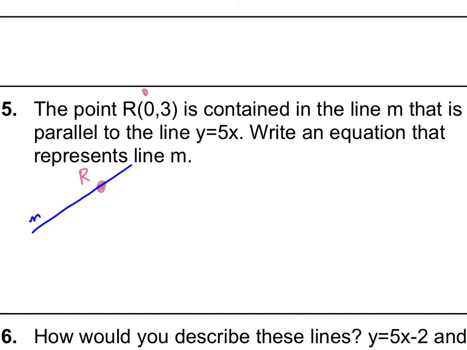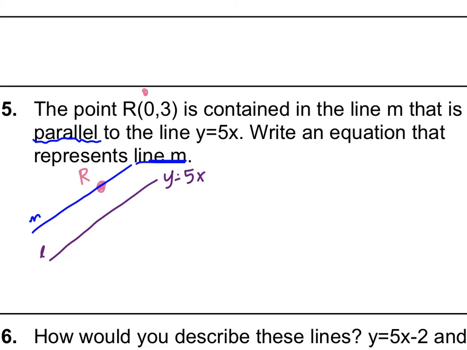Okay. It's also parallel to this given line. So we'll just call this L. Okay, so this is y equals 5x. Write an equation that represents line M, or in this case, our blue line. So remember, if it is parallel, parallel lines have the same slope.